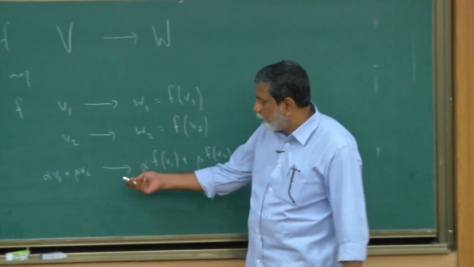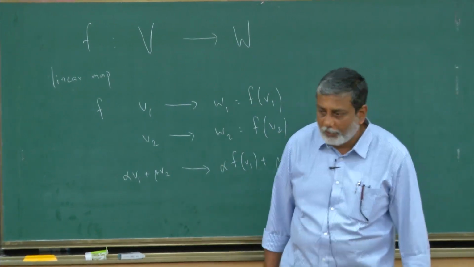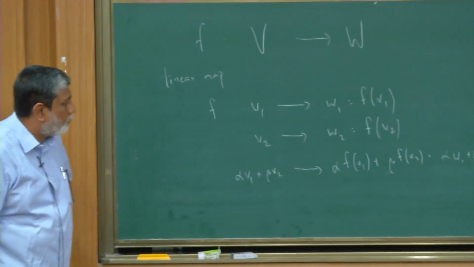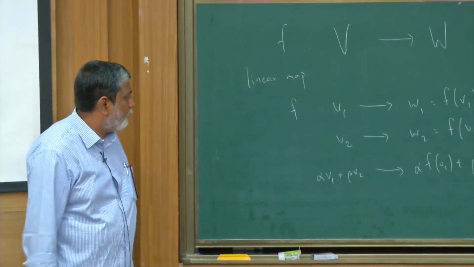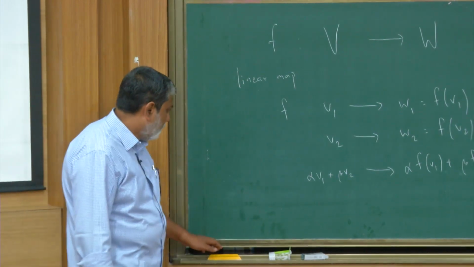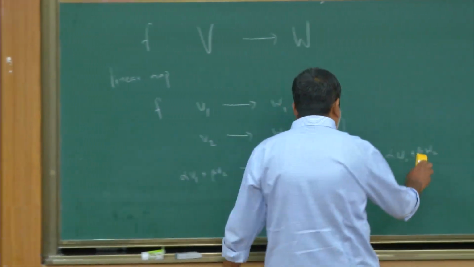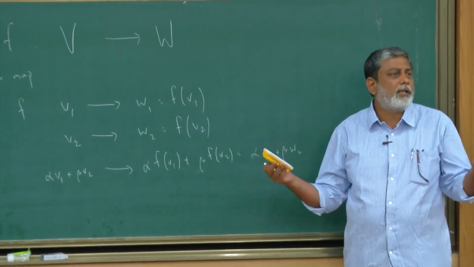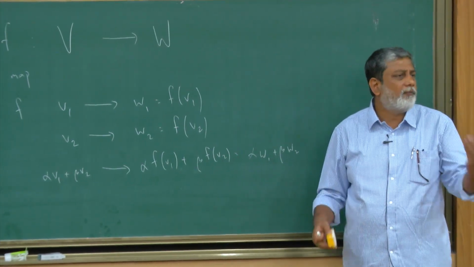Now this property of linearity actually makes things quite good in some sense. Because if you have to define a linear map, one could make use of this property and define the complete linear map with very little information.